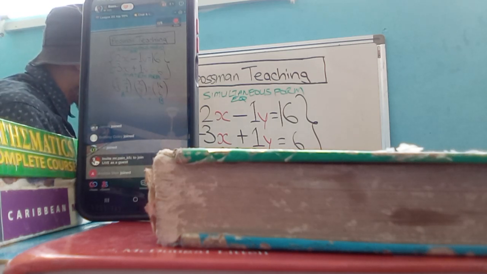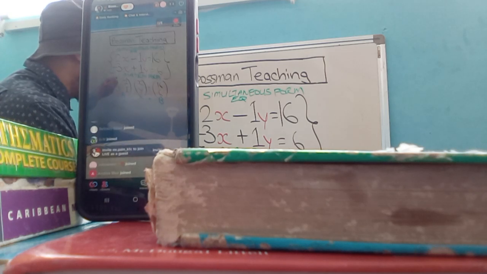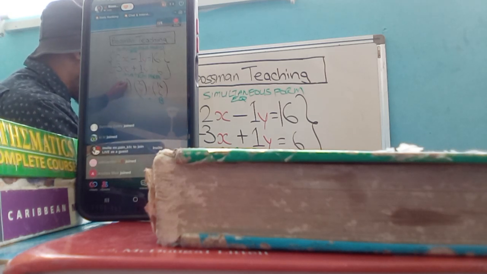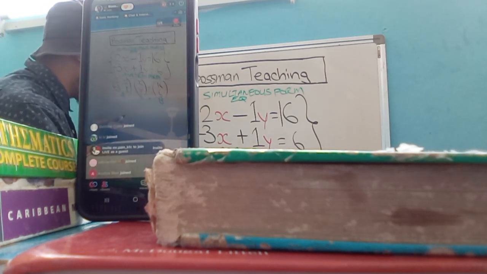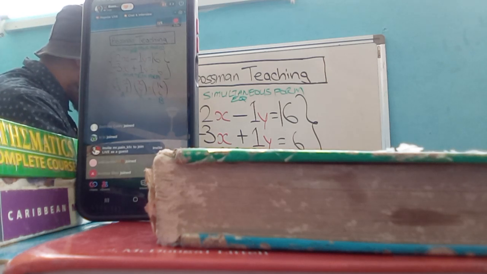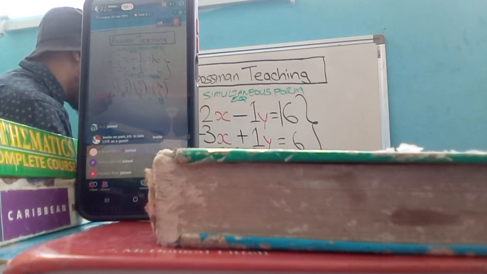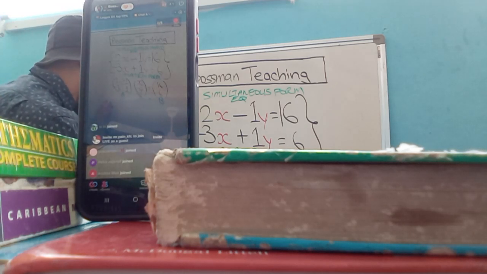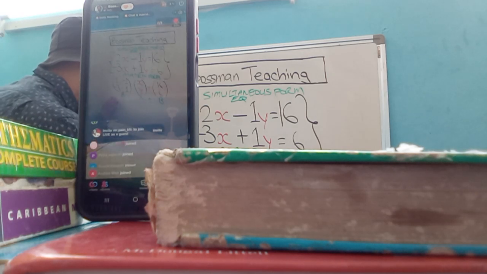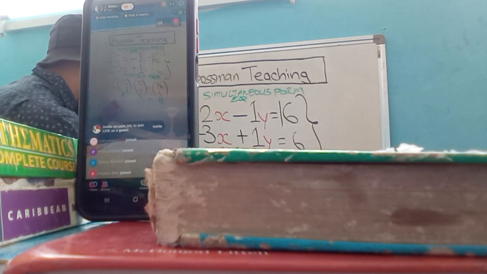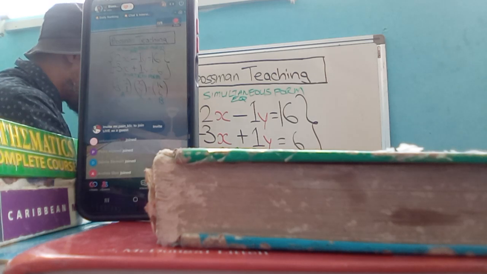So, the determinant is what? 1 times 2, minus 1 times minus 3, which is a positive 3. 2 minus 3 is going to be minus 1. So technically, the determinant is 1 over minus 1, which is just minus 1.